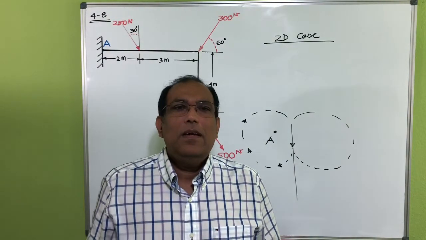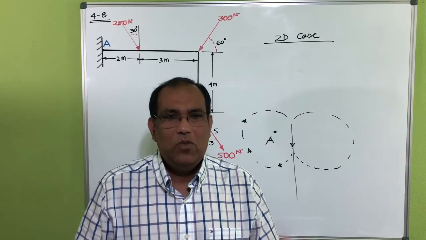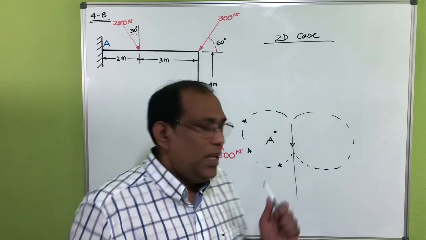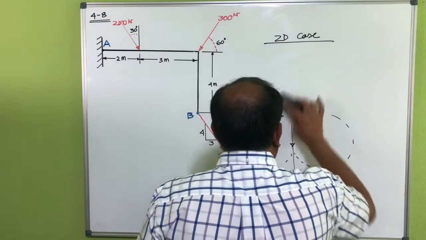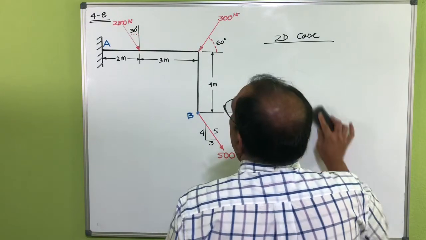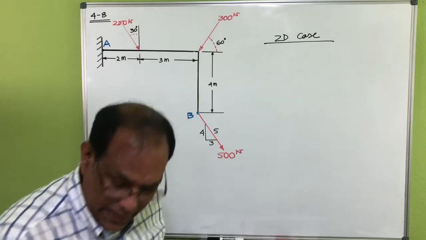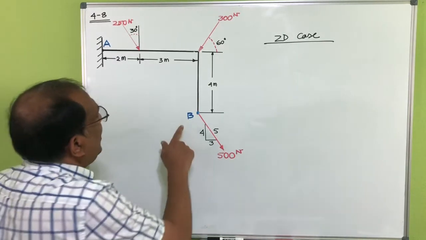Okay? Now, let's solve some problems so that we can understand what we have to do. So here I'm already trying to do problem number 4-8. 4-8 is saying determine the moment of each of the three forces about the point here.